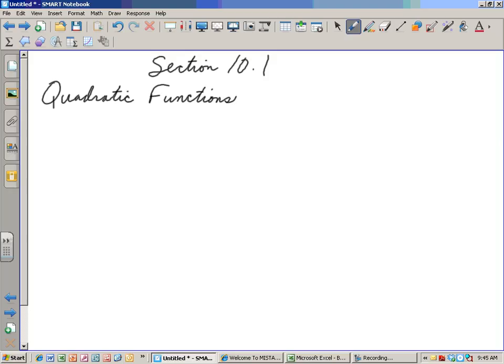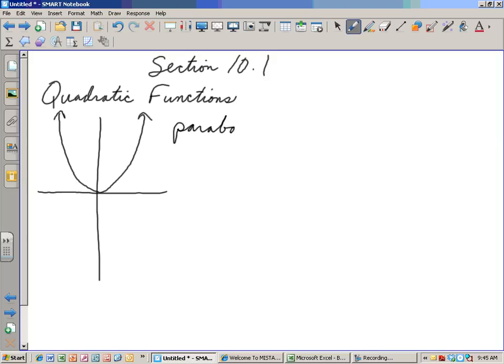Quadratic functions. When you graph a quadratic function, we get a U-shaped curve. We call that a parabola. That's what a quadratic equation looks like when you graph it.